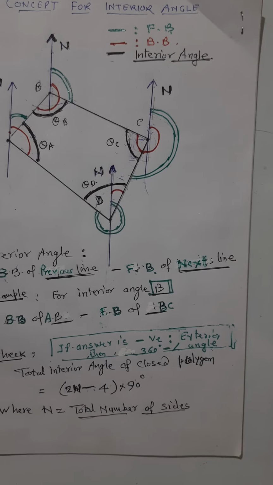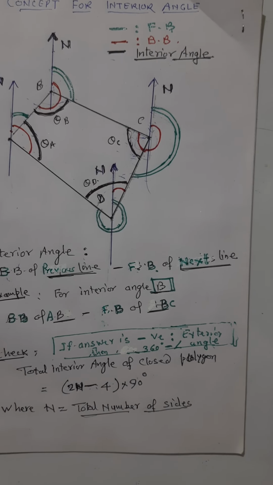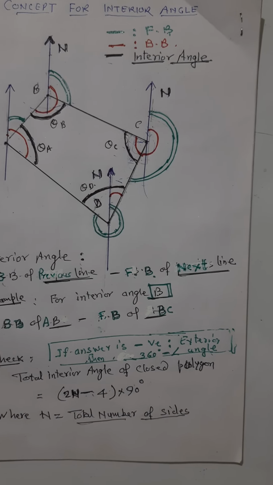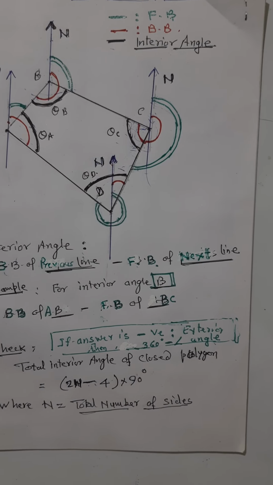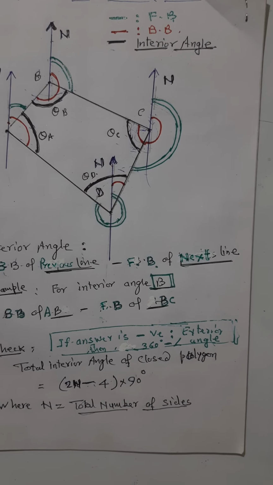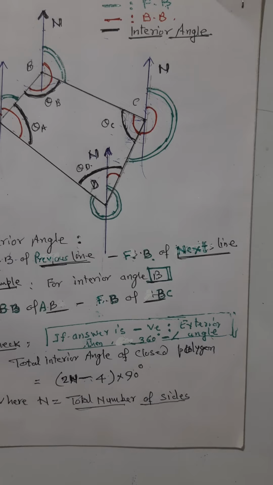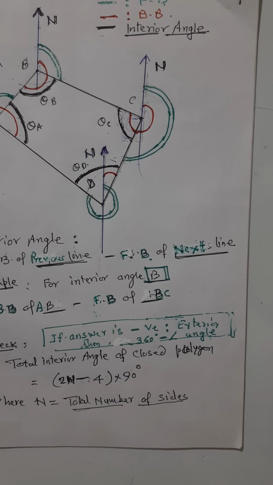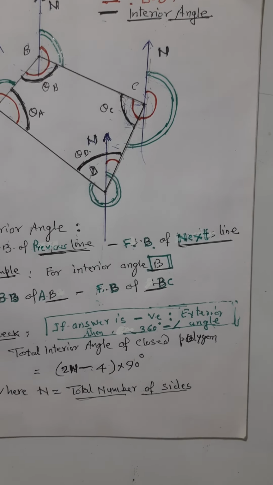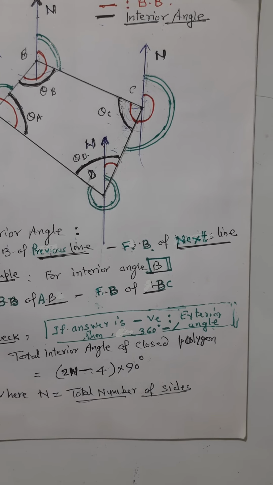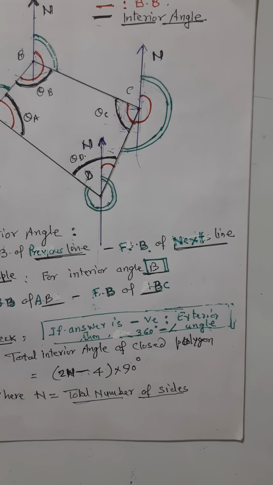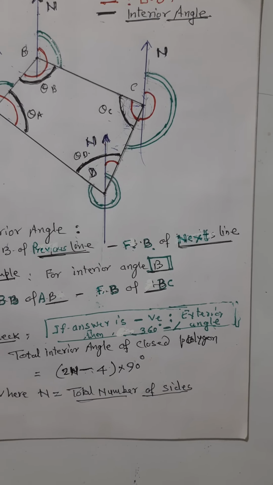If you are not getting exactly 180 degrees, it means that station is suffering from local attraction. That's why the magnetic needle is slightly deflected and is not exactly showing the magnetic north and south meridian.